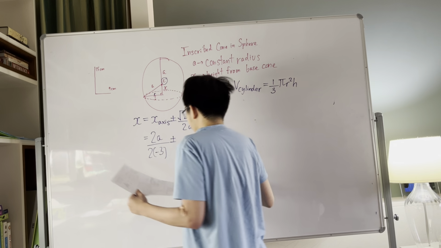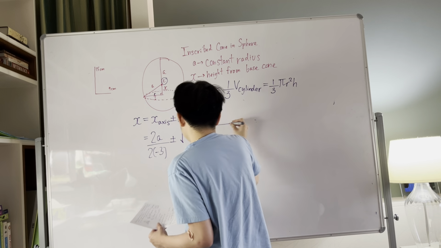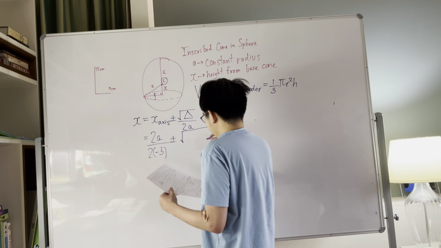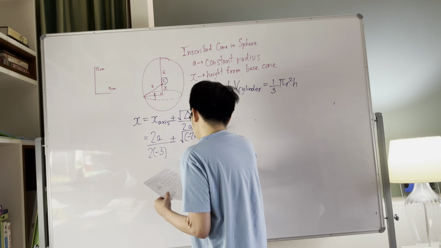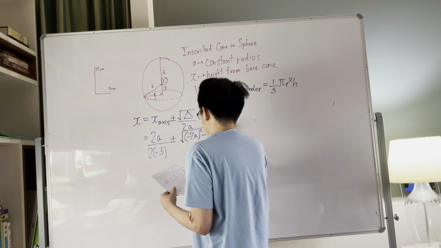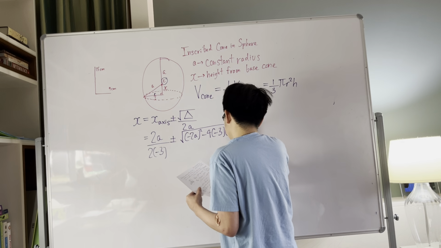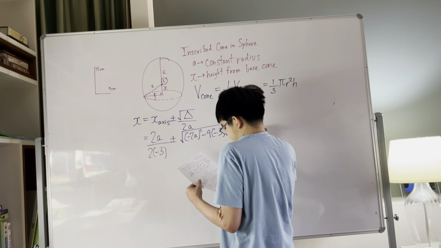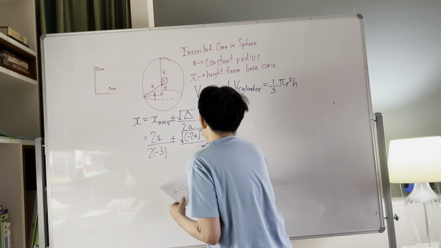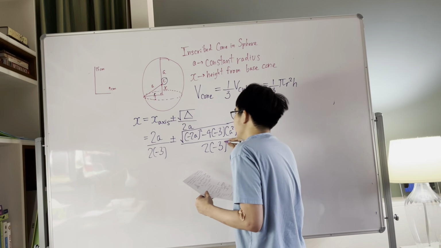This is then the square root of minus 2a squared minus 4 times minus 3 times a squared, all over 2 times minus 3.